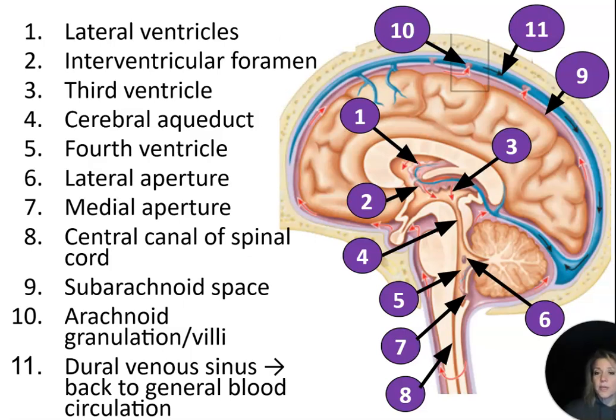Number 6, we're looking at the lateral aperture. Number 7 is the medial aperture. You can see how number 7 allows that fluid to move out and bathe the back outside of the spinal cord. Number 8 is the central canal. Number 9 is the subarachnoid space, number 10 is the arachnoid villus, and number 11 is the venous sinus, which is going to bring the blood back to regular circulation.